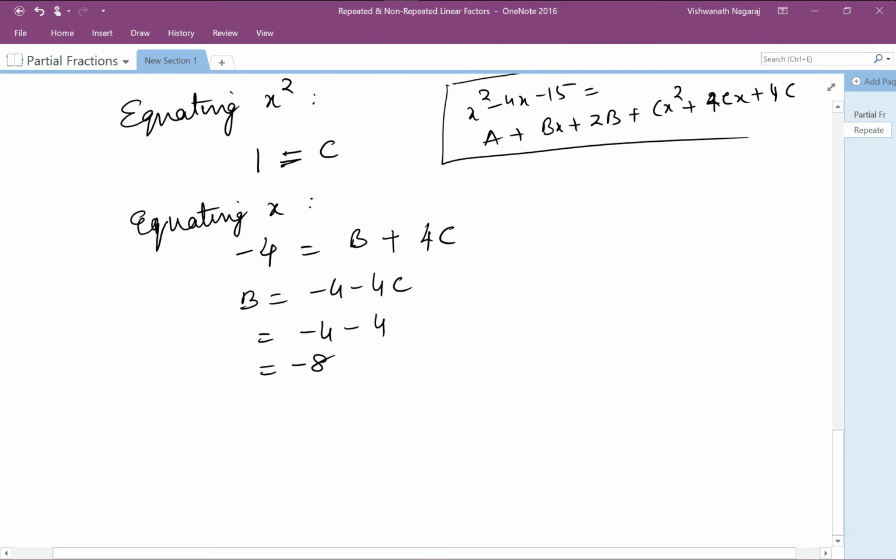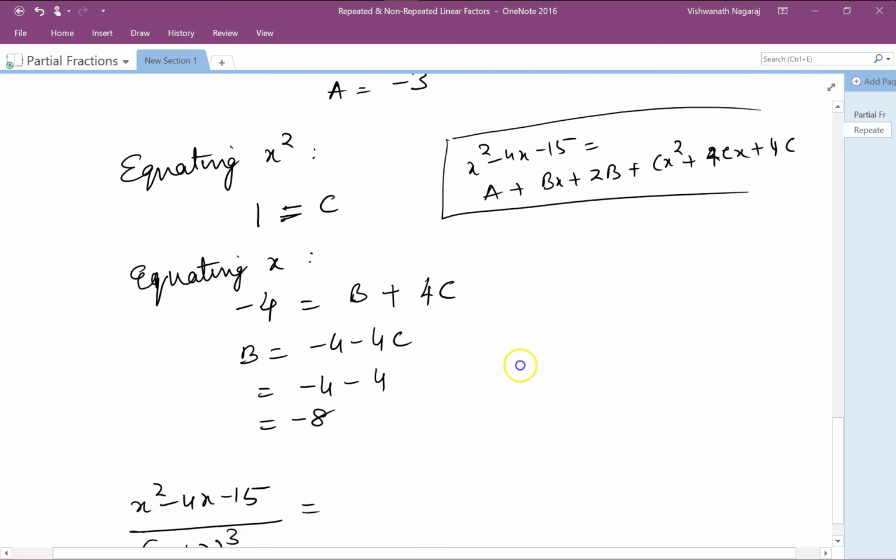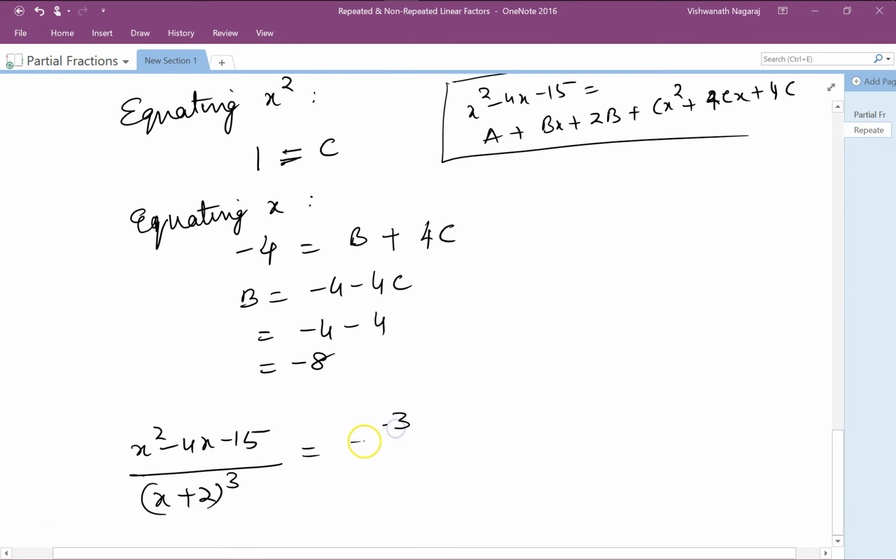So now our resolved fractions would be x square minus 4x minus 15 divided by x plus 2 the whole cube is equal to a by, so a is minus 3, so minus 3 by x plus 2 cube, and then b, so minus 8 by x plus 2 square, and 1 by x plus 2.